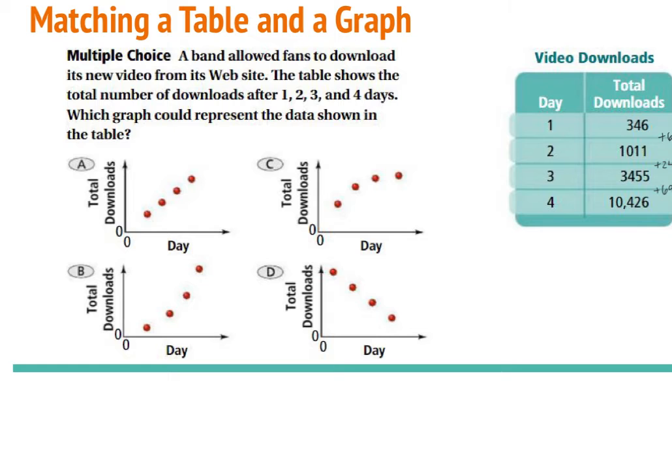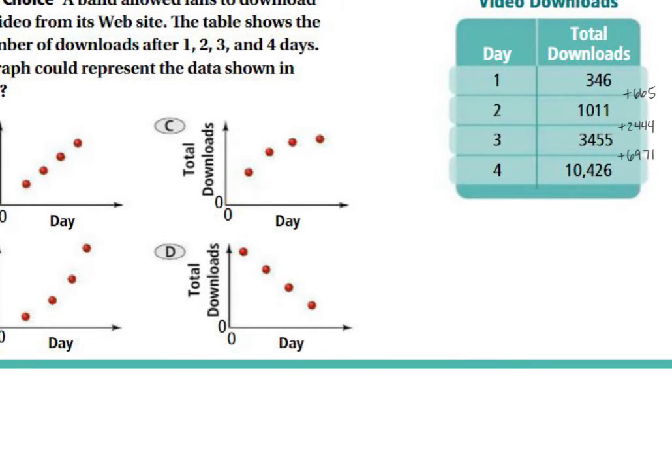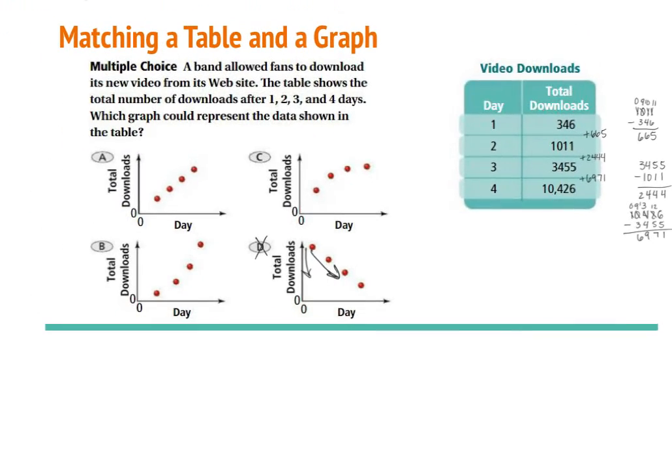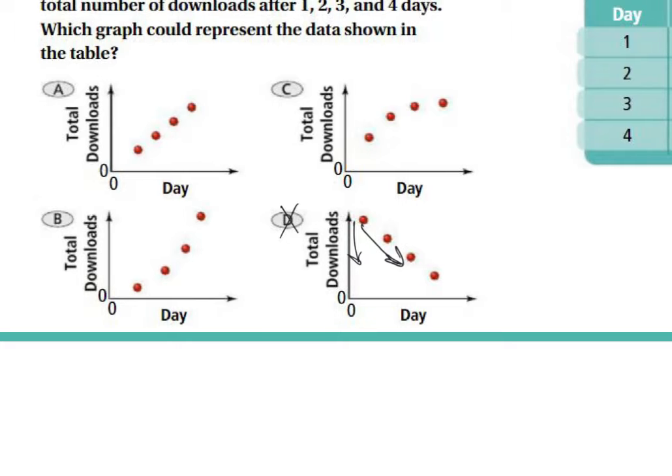So first off, we can eliminate D. Why can we eliminate D? Because D is actually going down. As the days increase, it's saying that the total number of downloads is decreasing. Notice how it's going down the graph. So this one's not it. So we're between A, C, and B. C is saying that as the days increase, your increase is decreasing.